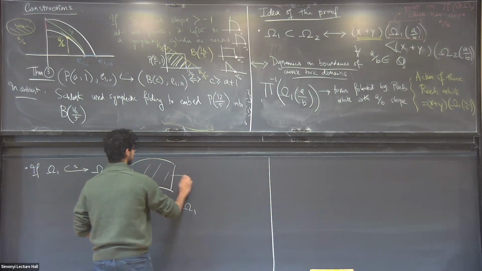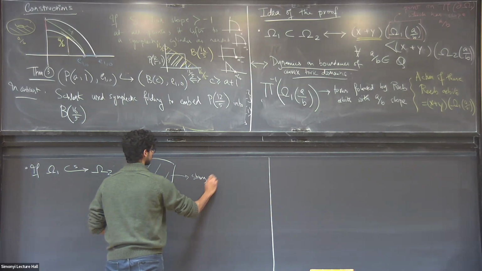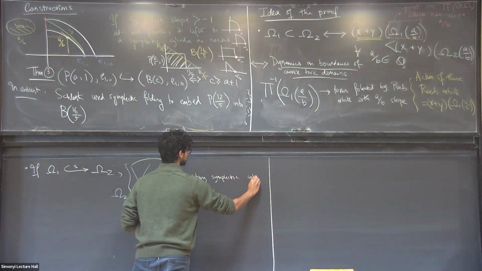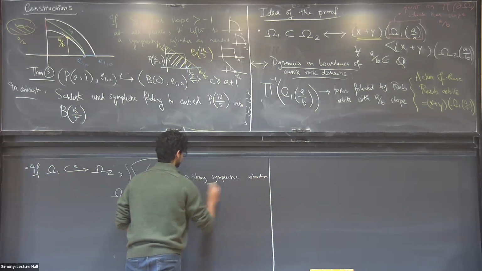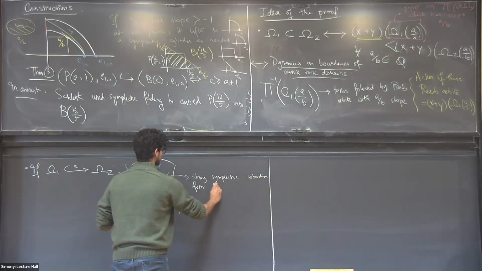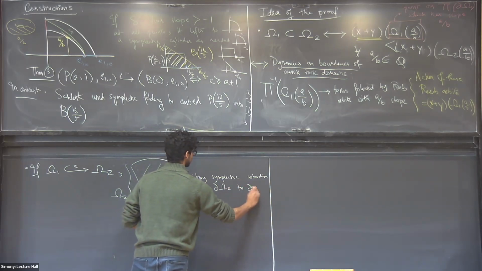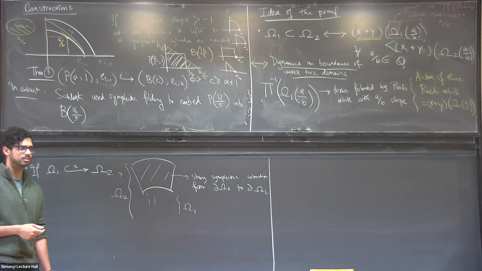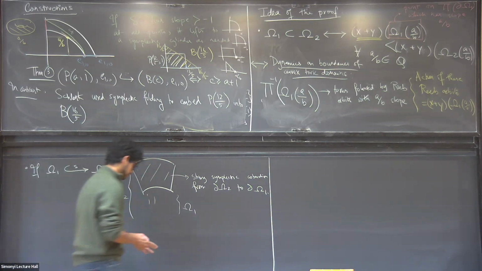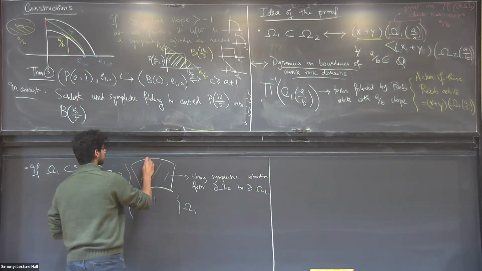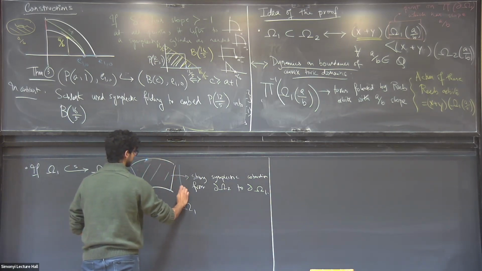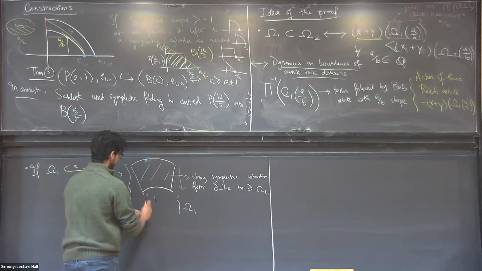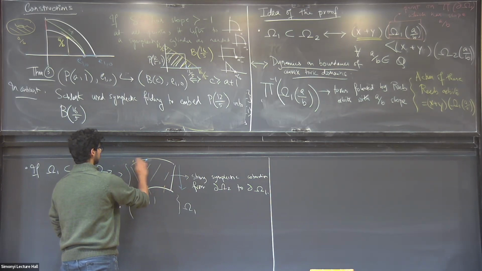What we get here is a strong symplectic cobordism from partial omega 2 to partial omega 1. These from and to conventions are the conventions used in ECH. So you have a cobordism in this direction. The Liouville flow direction is this way.